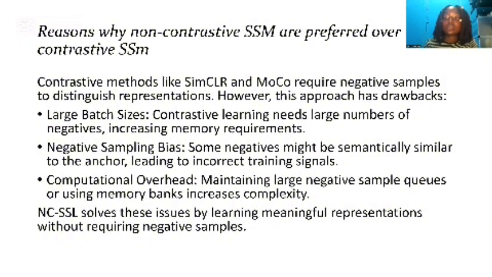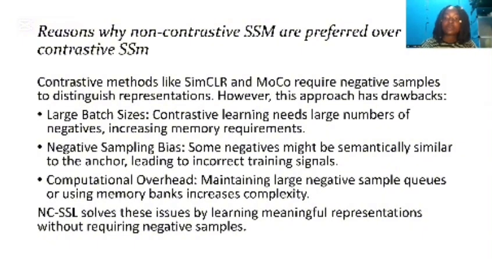And also, there is no need for large negative samples, since contrastive learning relies on many negative samples to distinguish positive pairs, and this can be expensive. Then it's also more efficient in training since negative pairs are unnecessary, so batch sizes can be smaller and memory requirements are lower.